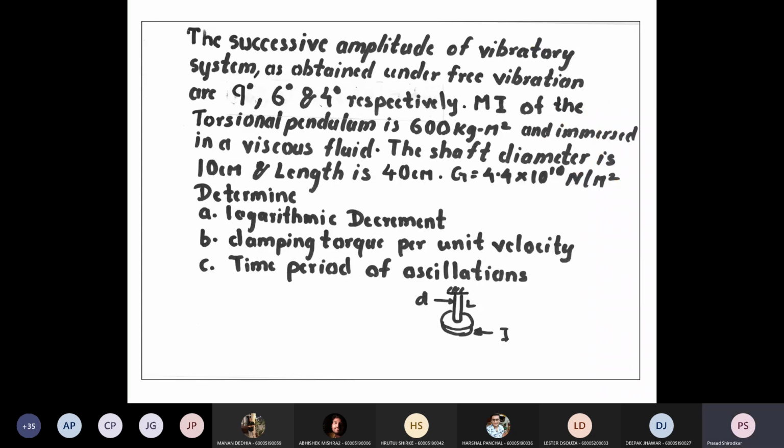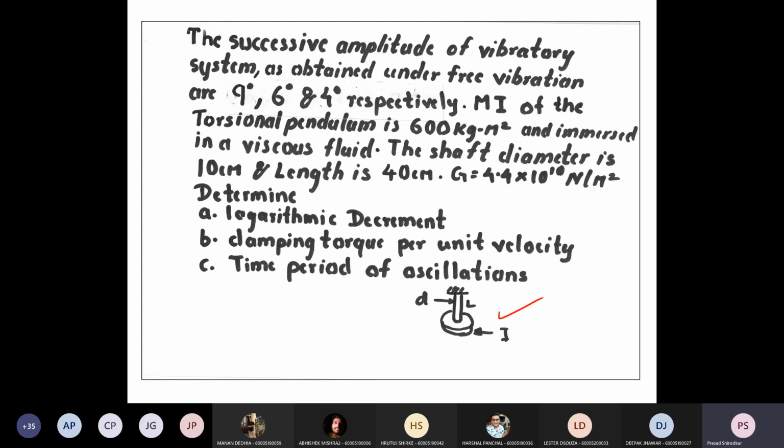Next question. The successive amplitudes of a vibratory system as obtained under free vibrations are 9 degrees, 6 degrees, 4 degrees, respectively. The MI of the torsional pendulum is 600 kg meter square, immersed in a viscous fluid. The shaft diameter is 10 centimeter, length is 40 centimeter.